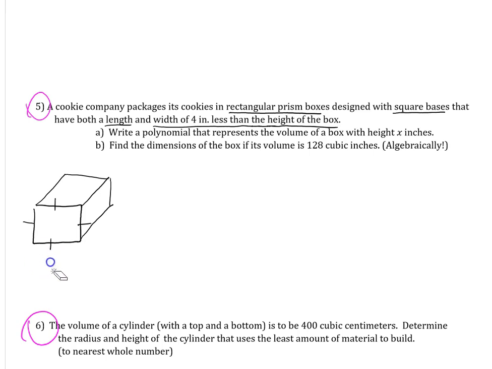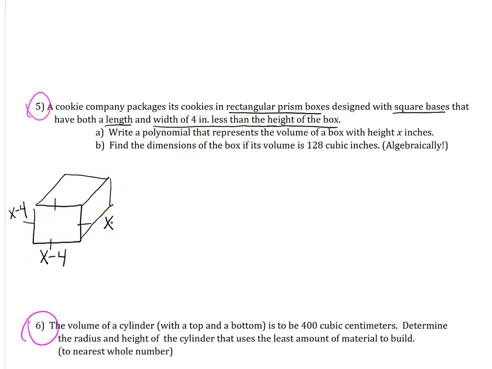So actually, let's call the height x, and then each of these would be x minus 4. Right? Because the height would be going deep into the page here, we'll call that x, and then the length and width, which would be of the square base, because it has to be the same, would be 4 less than x.